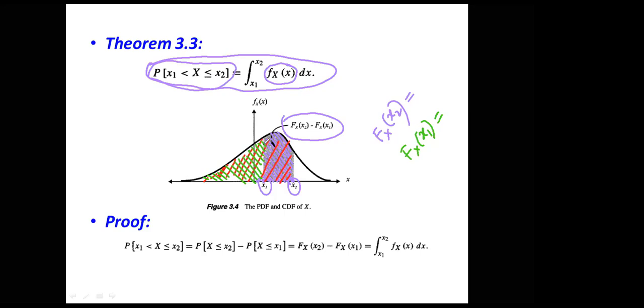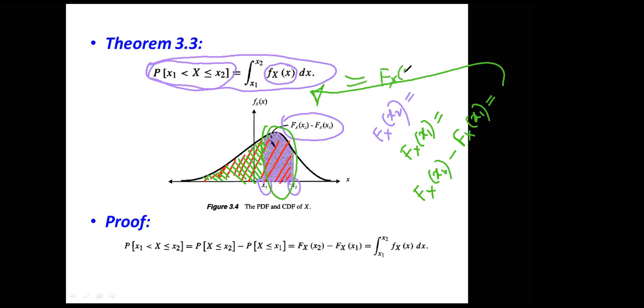If I subtract F_X(x2) minus F_X(x1), we will get this area, and that is the area we want. So we can say that it is also equal to F_X(x2) minus F_X(x1). Is it clear?